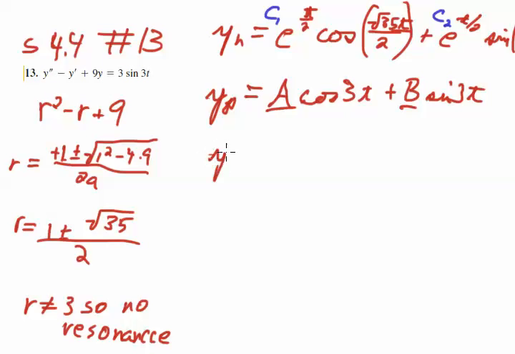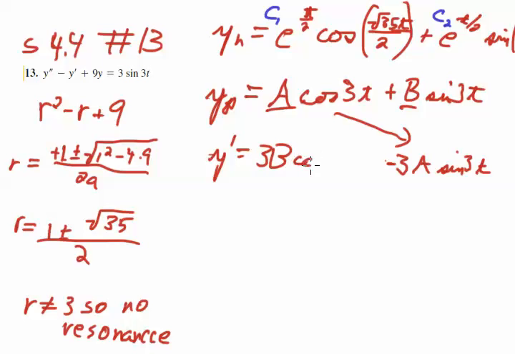So y prime is going to be, I'm going to switch the order of these things. When I take the derivative of cosine, I get negative 3a sine 3t. And when I take the derivative of the sine, I'm going to get positive 3b cosine 3t.